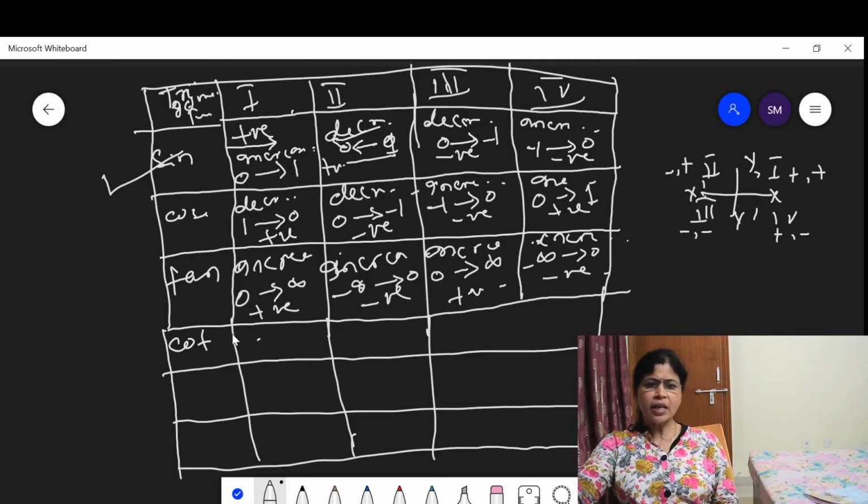The cot is in decreasing mode from infinity to 0 and positive.